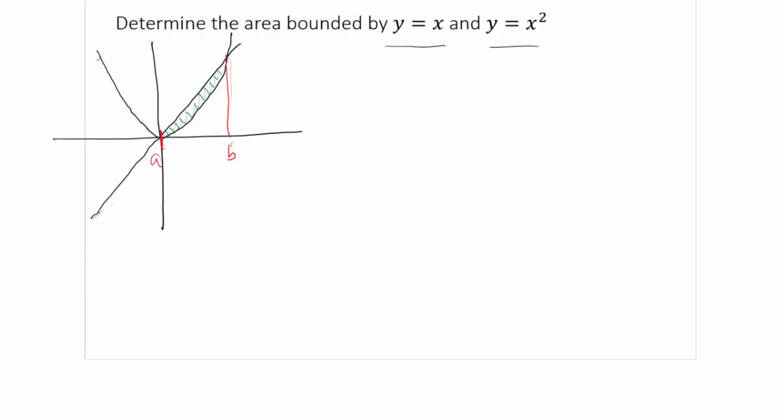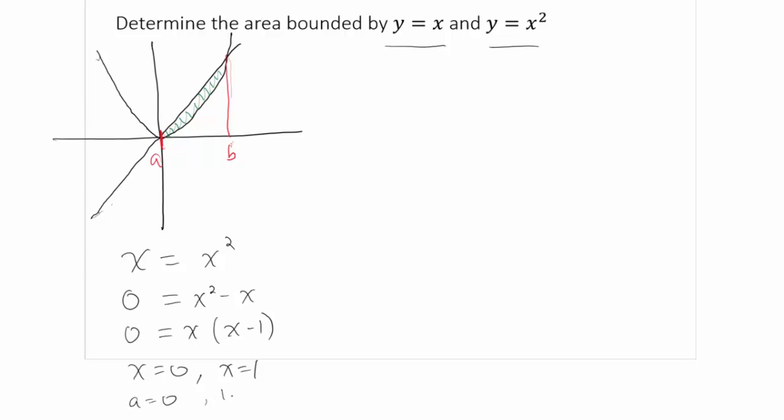If y equals x and y equals x squared, then x is equal to x squared. So 0 is equal to x squared minus x, 0 is equal to x times x minus 1. And so x equals 0 or x equals 1. So a is 0, b is 1.